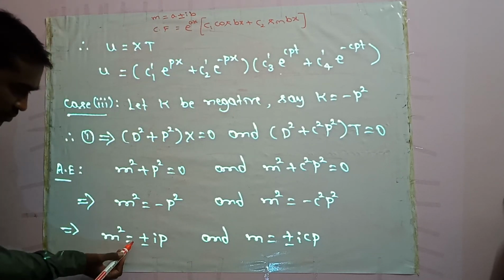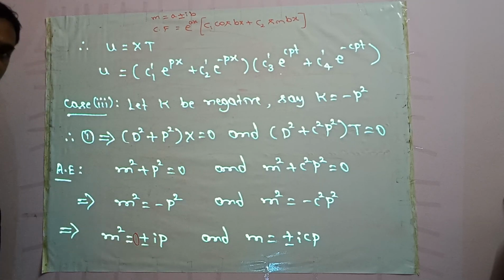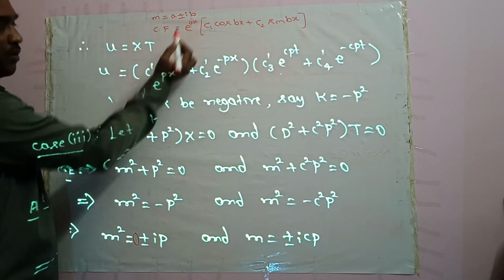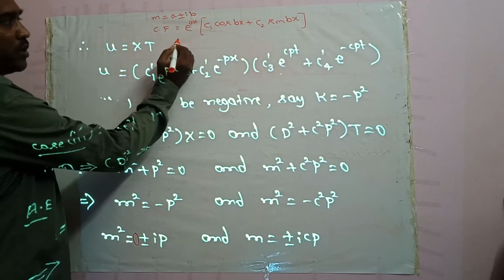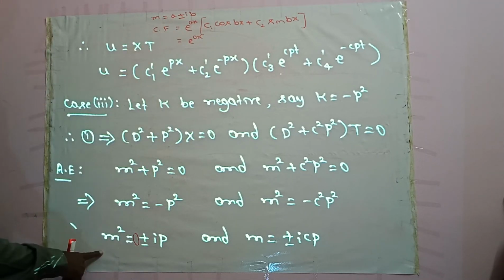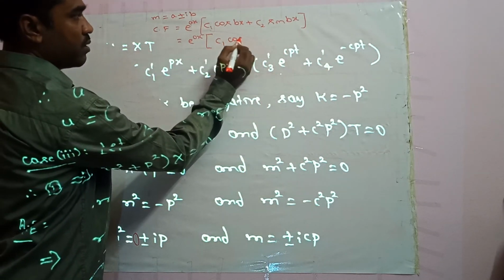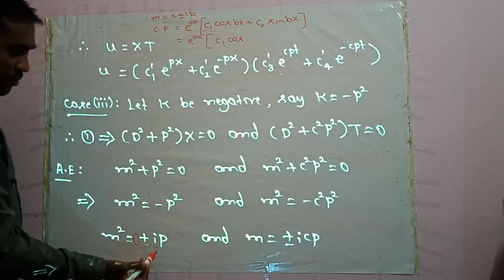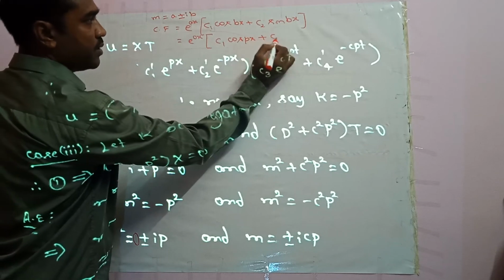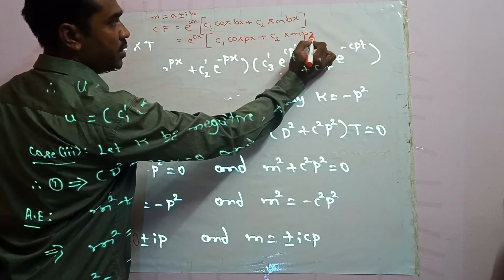But in this case, it is of the form 0 plus or minus ip. In the place of a, we have 0. So you get e to the power 0x, C1 cos px plus C2 sin px, in place of b we have p.